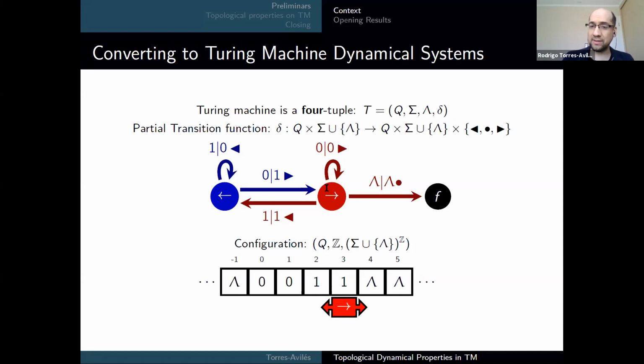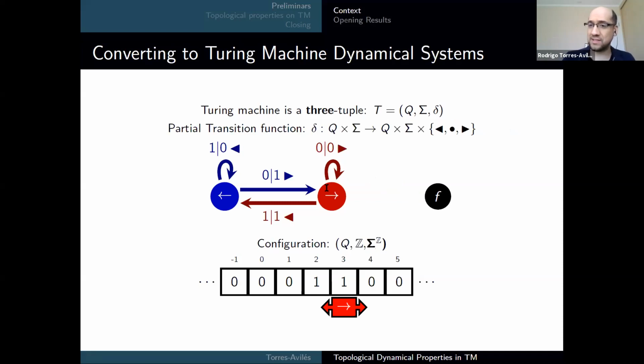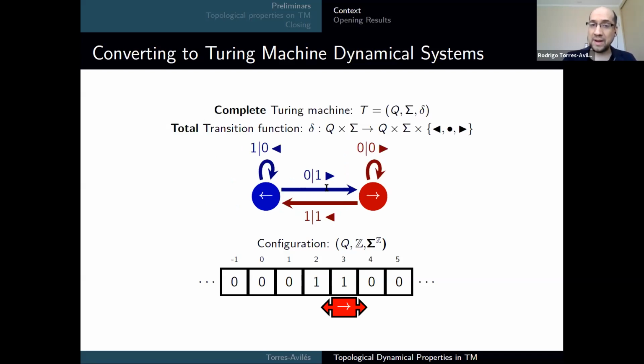We are also not interested in particular special symbols because we want to know the whole dynamics that is possible. So we work even when we have tapes that are not homogeneous.